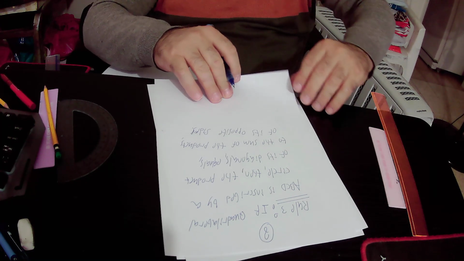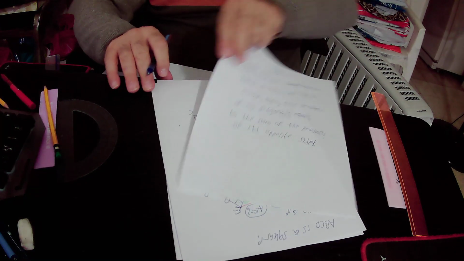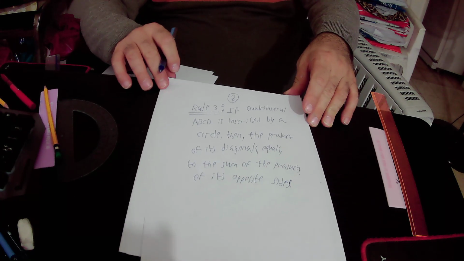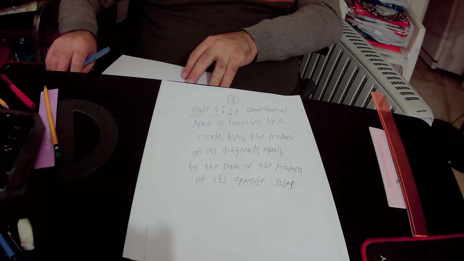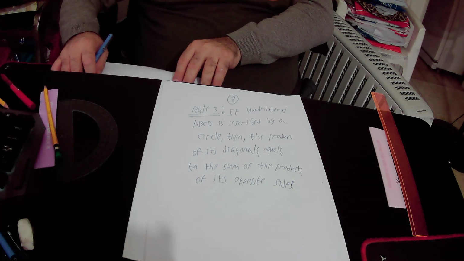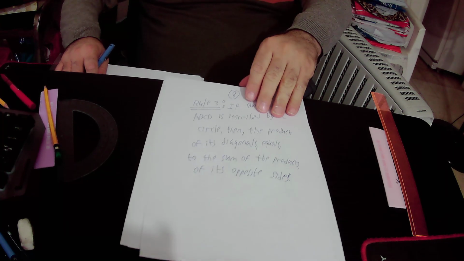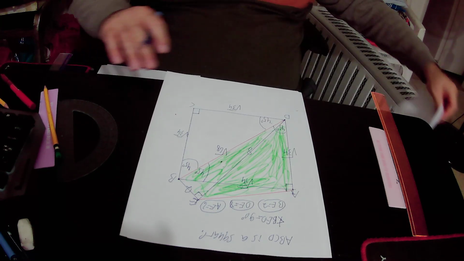I will read rule number 3 again. Rule number 3 states that if quadrilateral ABCD is inscribed by a circle, then the product of its diagonals equals the sum of the products of its opposite sides. So what is the meaning of rule number 3?